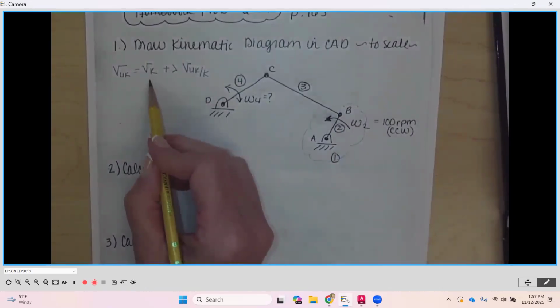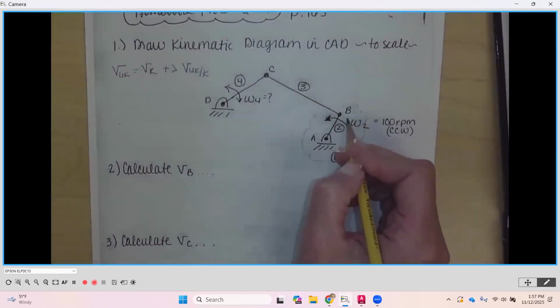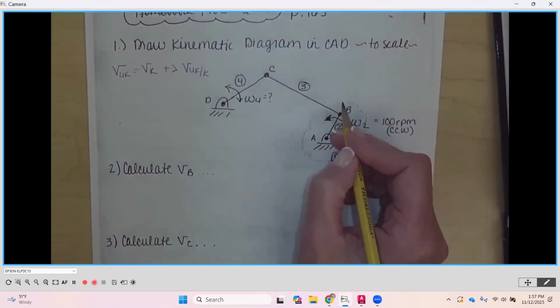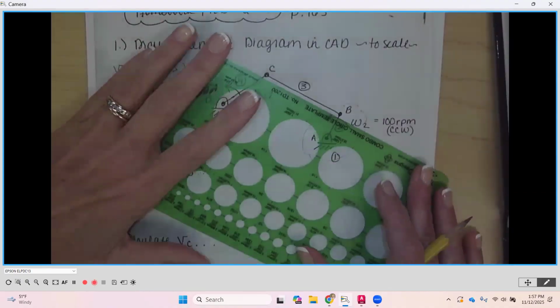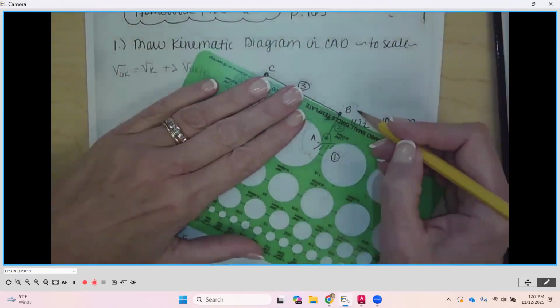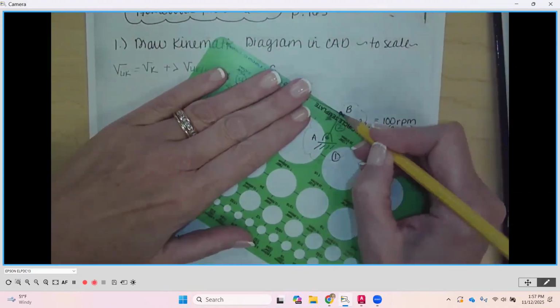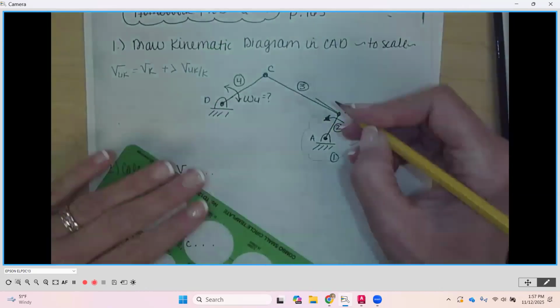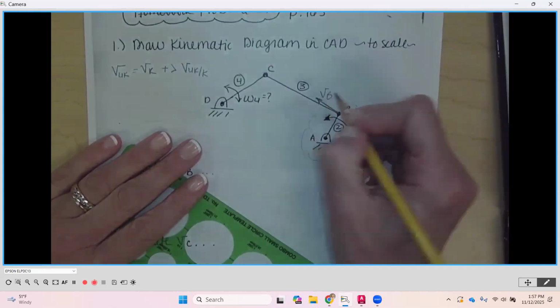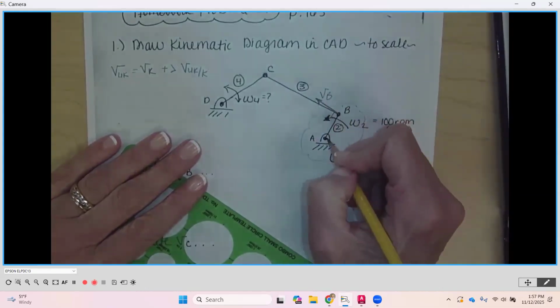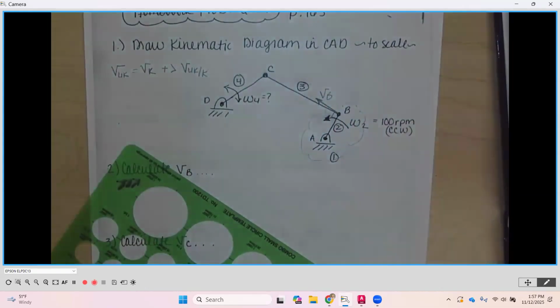So our known velocity, straight line velocity, is going to be the velocity out here at point B, okay, at the endpoint. So I'm going to draw it here, and I'm going to try to make it off just a little bit so that it's not in line with the link. But my velocity of B is going to be perpendicular to link number 2, and it's going to go up and to the left in a direction of rotation.